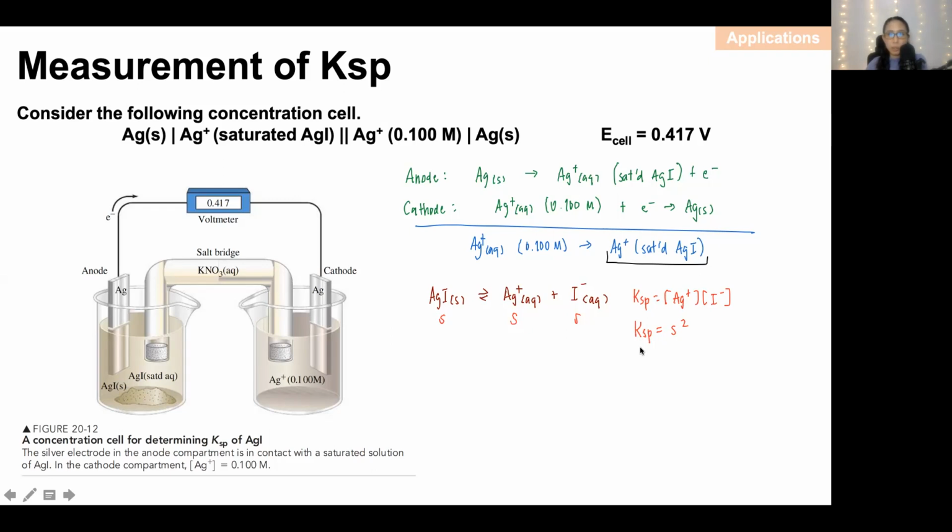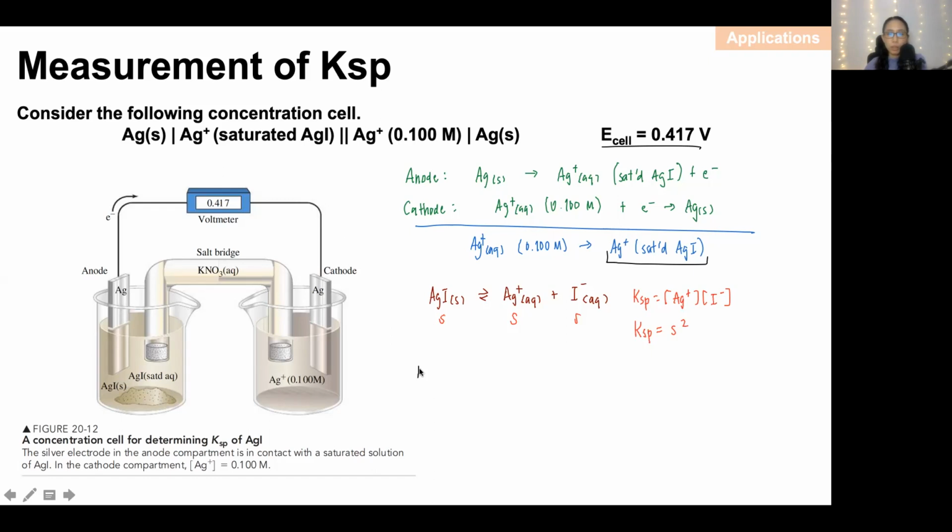You can get KSP. So once you have set up your concentration cell, you can measure your cell potential, and using the Nernst equation, you can get the concentration of your saturated solution.